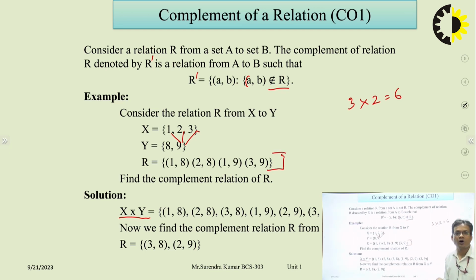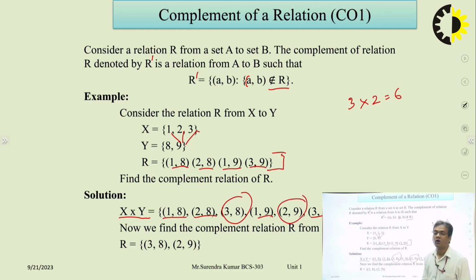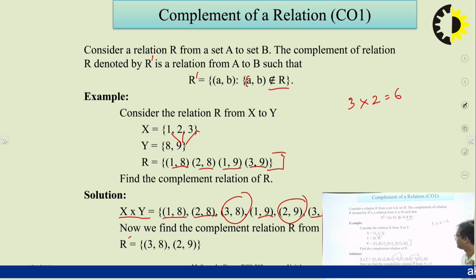That means in the complement there will be only 2 pairs. So what are the other 2 pairs? R already contains (1, 8), (2, 8), (1, 9) and (3, 9). That means the remaining ordered pairs (3, 8) and (2, 9) will be the complement of your relation, right?